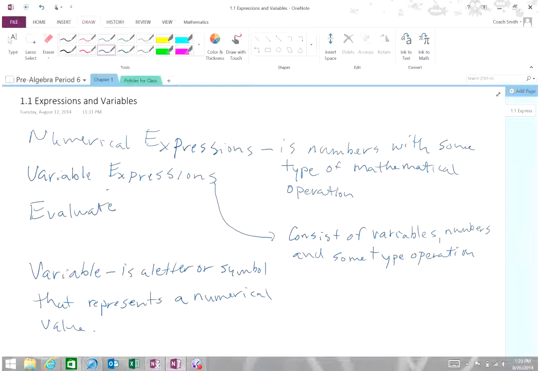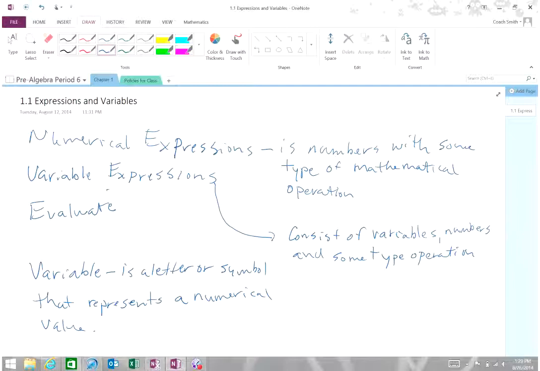Okay? Now, the numerical value could be a whole expression. It could be, x equals, like x plus 4 plus 2 or something like that. Okay? But usually for our purposes right now, the variable is going to be representing one number. And whatever that number it represents, it will represent it throughout the whole expression. All right?